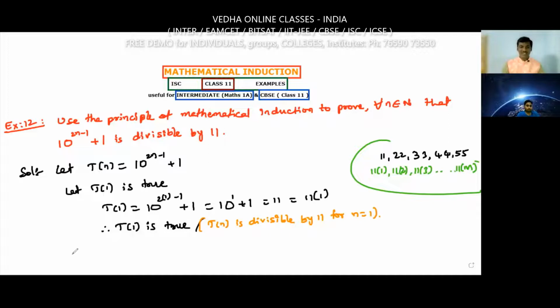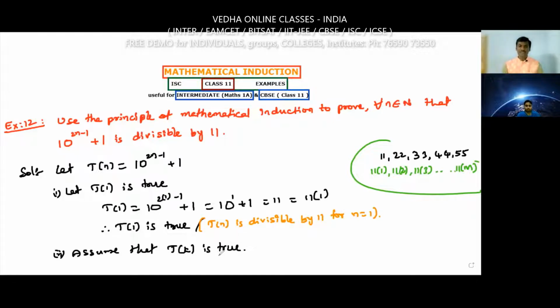Now assume that. So this is part 1, and the next important step is to assume that T(k) is true, or T(n) is true for n = k.